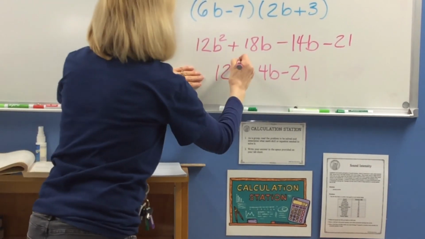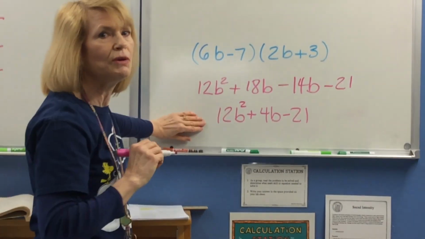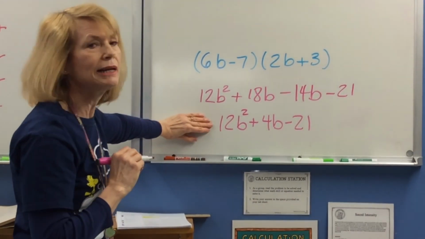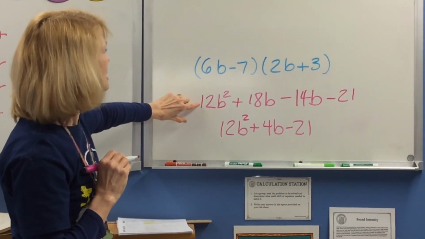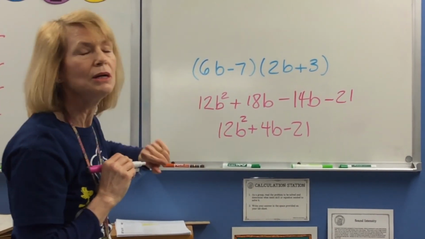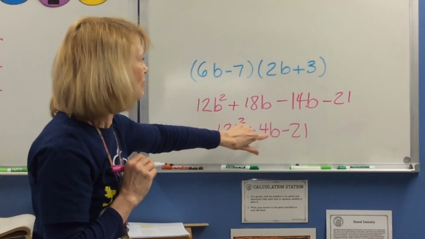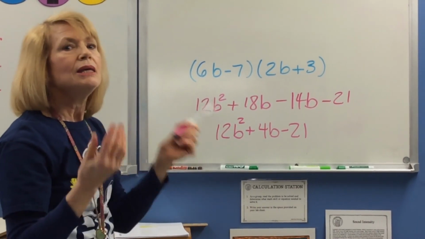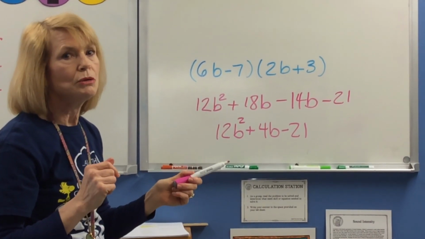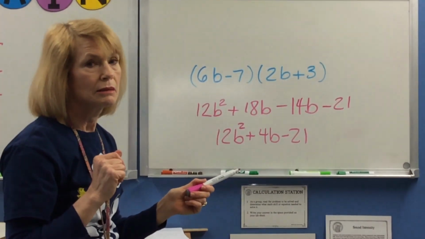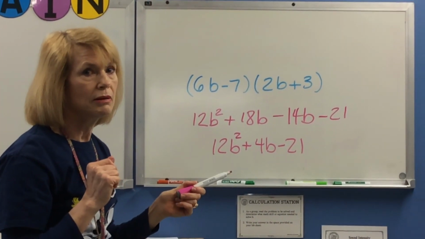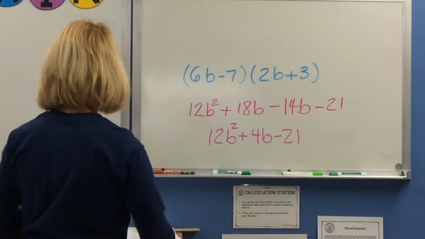Oh, 12b squared. Thank you. Daniel's correcting me. Daniel's filming me, so he's my editor. So right, because I had 12b squared up here. So 12b squared plus 4b minus 21. You get the same answer whether you do it using a matrix or using FOIL.